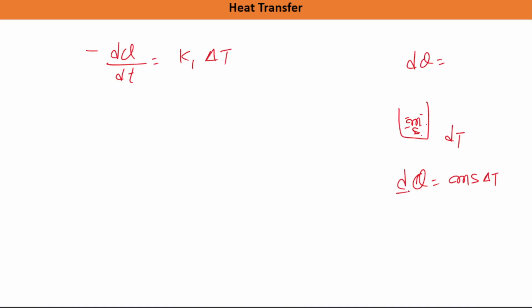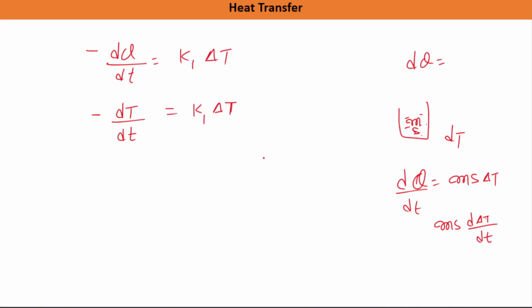And dq by dt को क्या लिख सकते हो, this can be written as ms is constant, d delta t by dt. Done it? So the rate with which this change is changing, okay, so minus ms d delta t by dt is equal to k1 delta t. Done it?